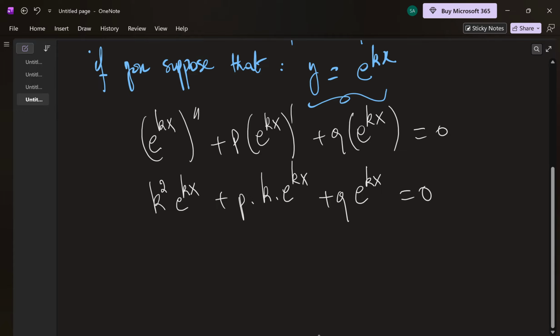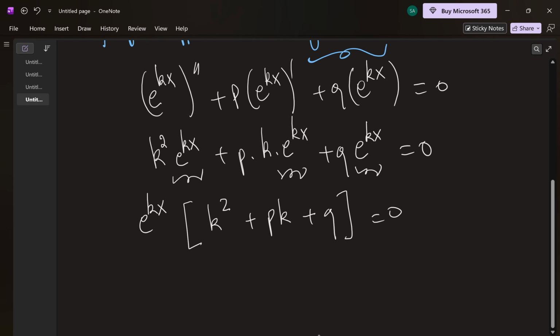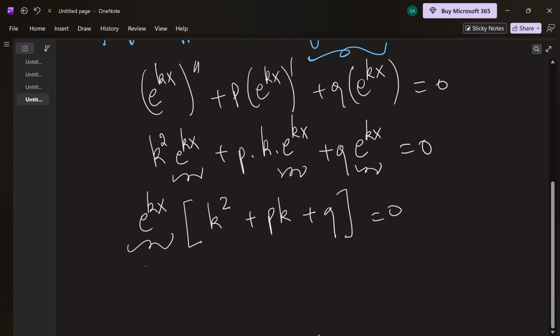Now we will factor out exponential kx from the three terms, and we get exponential kx times k squared plus p k plus q is equal to 0. Now since the exponential is always greater than 0, this term must be equal to 0.